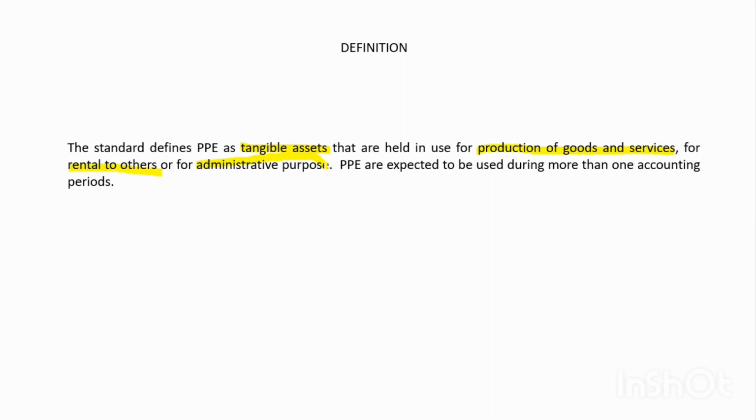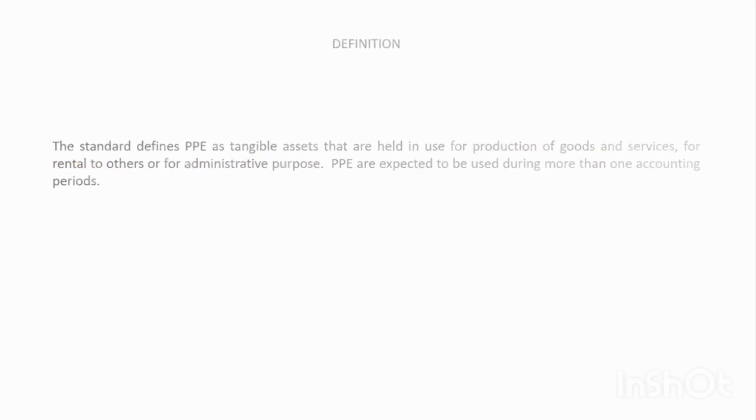So examples of property, plant, and equipment are your land and building, your machinery, your motor vehicles. All of these are tangible assets, assets that you can see, you can feel, and you can touch. So we classify them as property, plant, and equipment. Your furniture in the office, all of these are property, plant, and equipment.